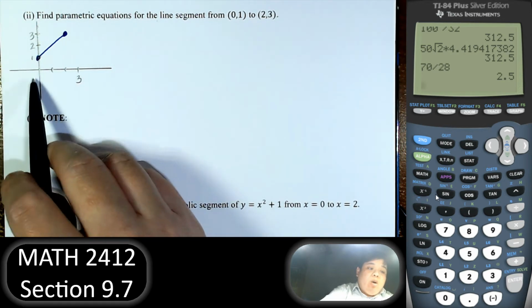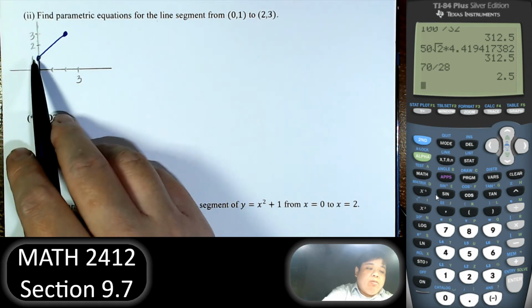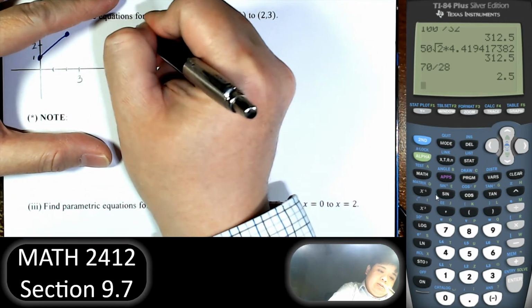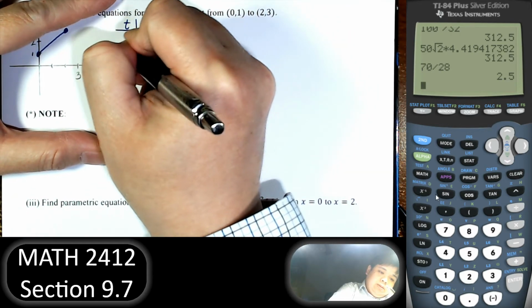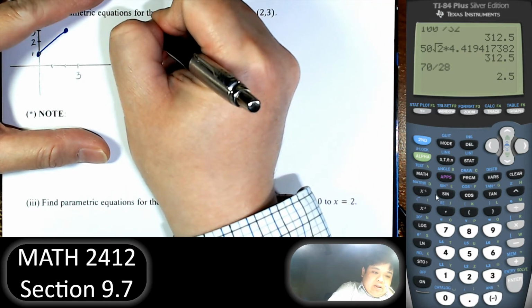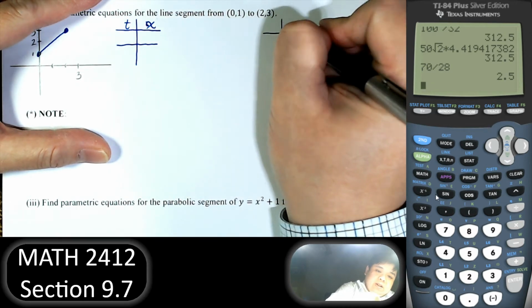We know x goes from 0 to 2, and y goes from 1 to 3. Right, so just make a table here. x first, and then another table for y.